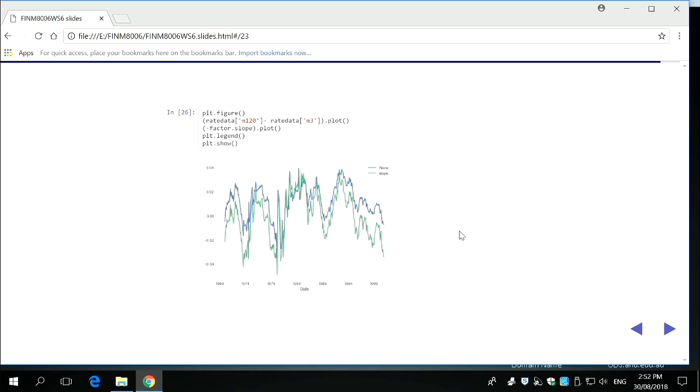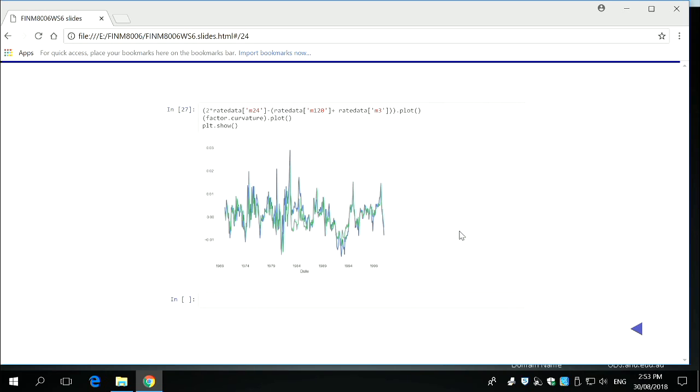Now you can really see these two things are really, really close. Right, so remember what the slope is? Slope is the second eigenvector, or the second factor we extracted from this matrix of different durations of treasury yields. Okay? So the second factor is really the difference between the long-run yields and the short-run yields and measures the slope. That's why I call it slope.